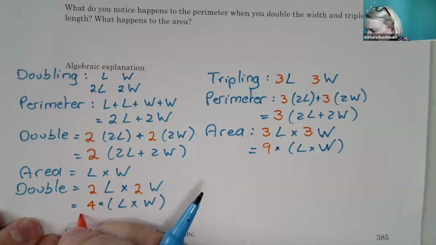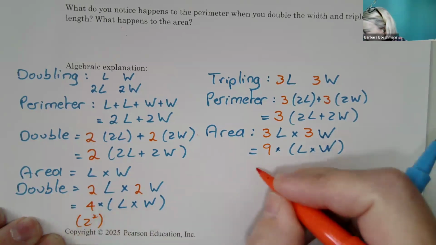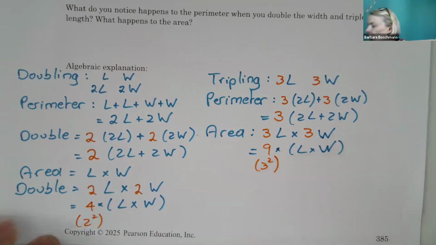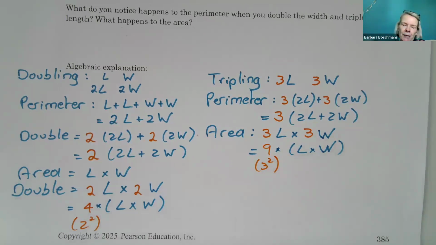By the way, think about this as 2 squared and this as 3 squared. So if you were to quadruple your sides, it would be 4 squared. If you do the area, it would be times 16. If you do this times 5, the area would be times 25, and so forth.